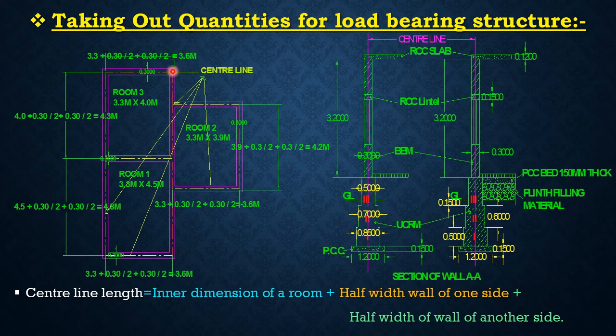Then the total center line length is 3.6 meter. Then 4 meter is vertical, plus half width of this side 0.30 divided by 2 plus half width of this side 0.30 divided by 2. The center line length is 4.3 meter.